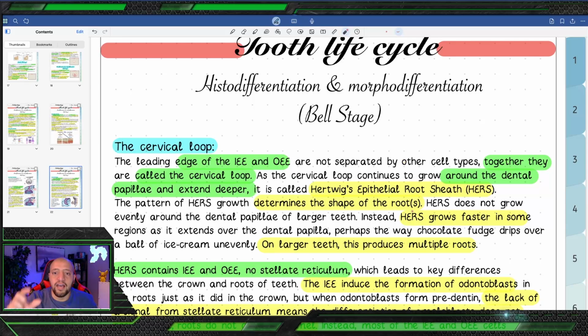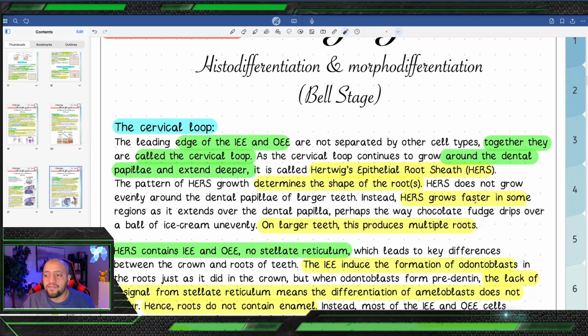The Hertwig epithelial root sheath does not grow evenly around the dental papilla of larger teeth. Instead, it grows faster in some regions as it extends over the dental papilla, perhaps the way chocolate fudge drips unevenly over a bowl of ice cream. On larger teeth, this produces multiple roots.